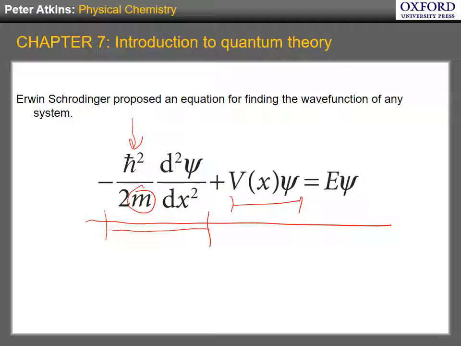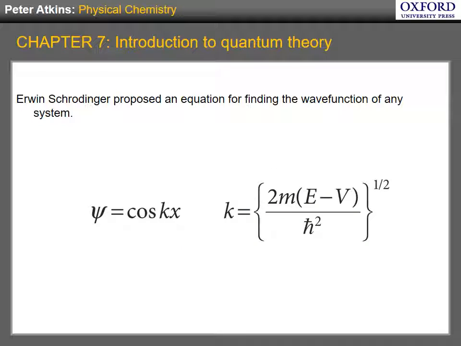So, without going through solving the differential equation, it yields the following result, in which phi equals cosine kx. K in this case is the square root of 2m times total energy minus potential energy divided by h bar squared. Okay. Now, here is what's important, what's interesting.